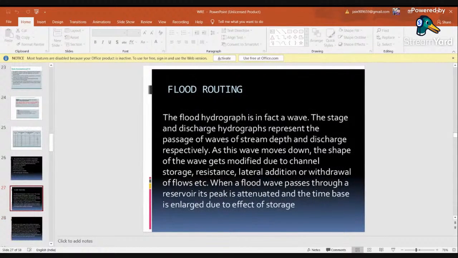Okay. Now your next topic is flood routing. What is flood routing basically? What is happening when a flood will come?